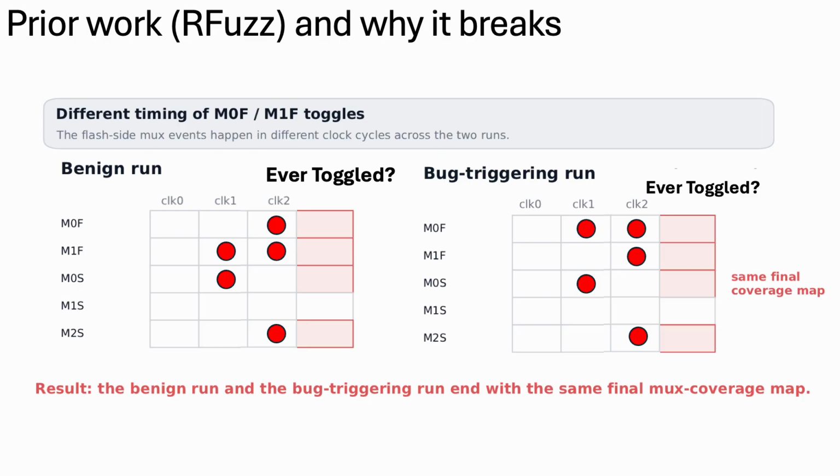It might think that the bug triggering run was covered because it did the benign run, and then your fuzzer wouldn't be able to report or find a potential crash or hardware fault.